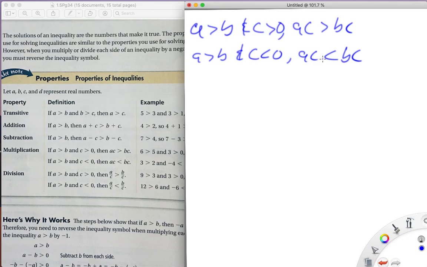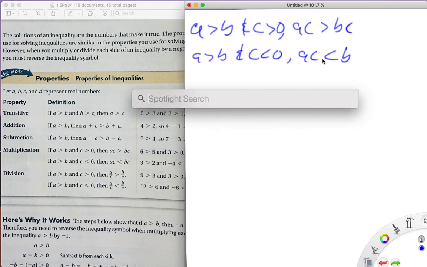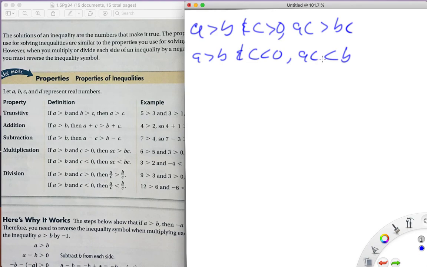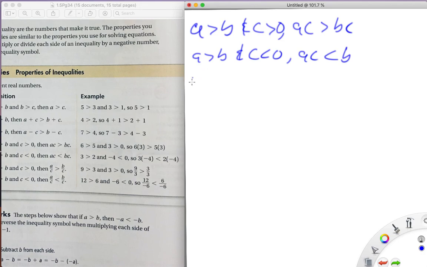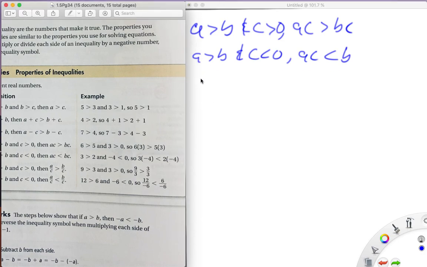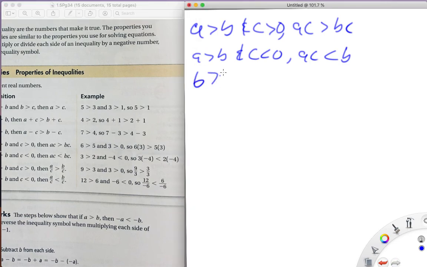So the book gives 6 is greater than 5, and they multiply it by 3. 3 is greater than 0, so 6 times 3 will be greater than 5 times 3.